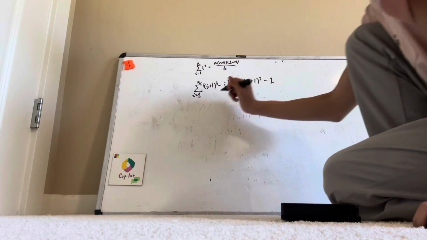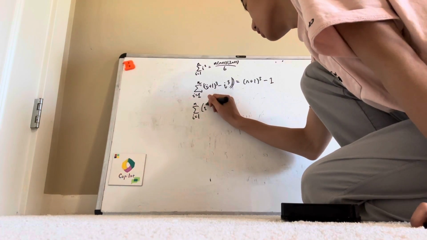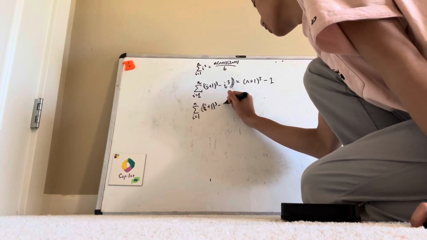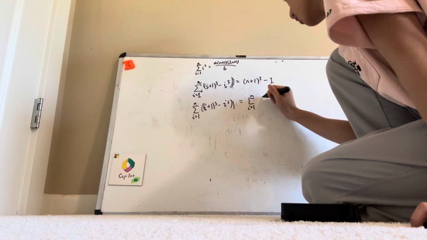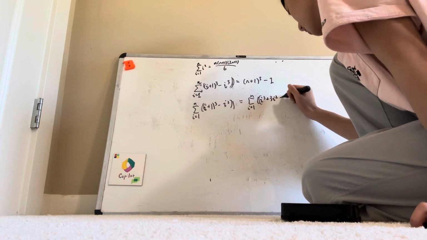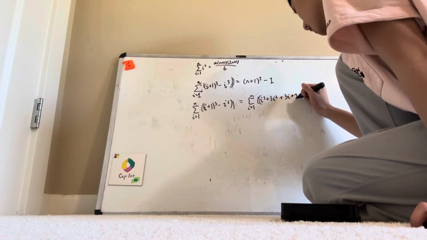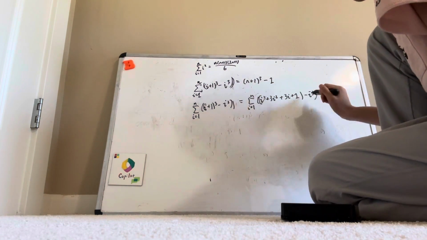Now what? Well, notice how we can also do this. Let me just quickly do (i plus 1) cubed minus i cubed. This also equals i cubed plus 3i squared plus 3i plus 1 minus i cubed. And what's happened here?